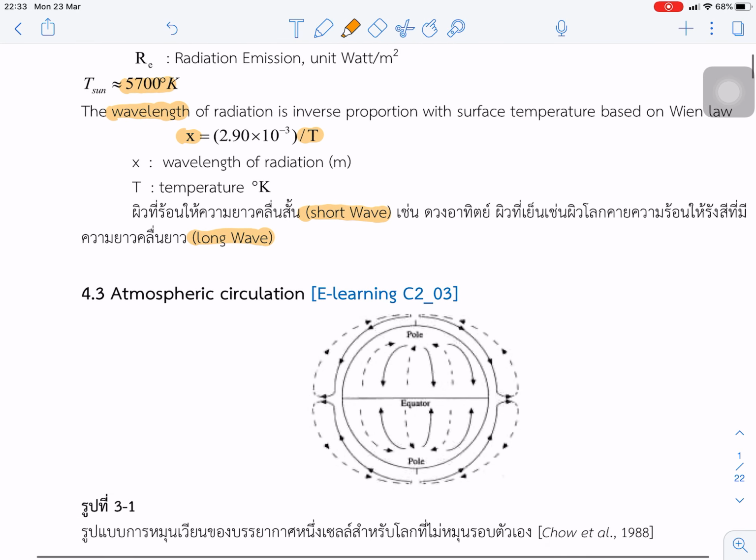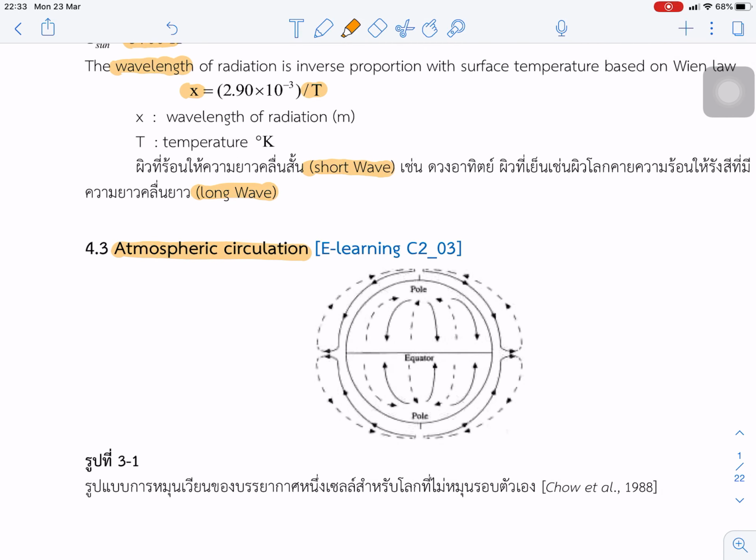The next topic is atmospheric circulation. The movement of the air depends on temperature differences. The hot air moves up from the equator because it receives energy from the sun, so the hot air moves up, and the cold air from the North Pole moves down.